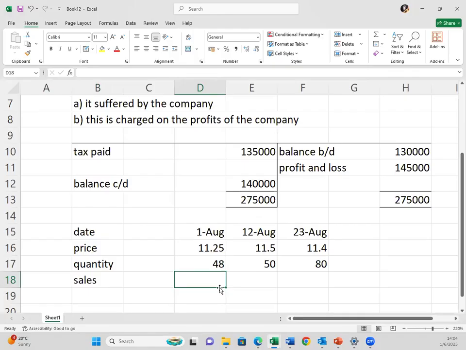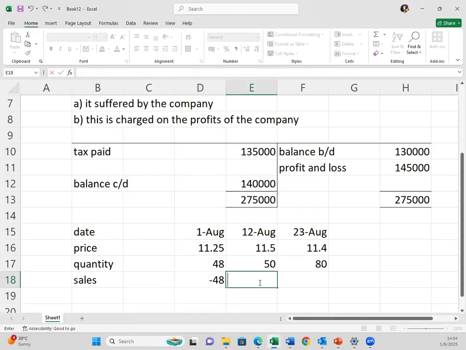We bought 48 units, but these are not enough. So we're going to first of all clear this batch. In this batch, there are 48 units, but we need 90. So after clearing the 48, how many units are left to make it 90? 42. So then clear the 42.